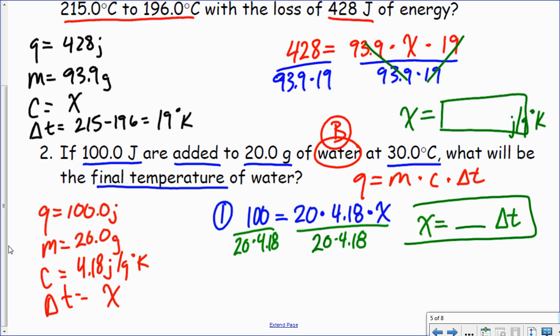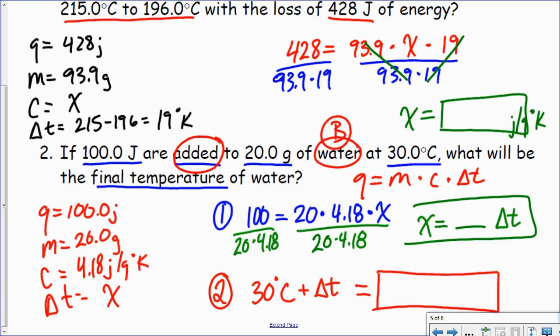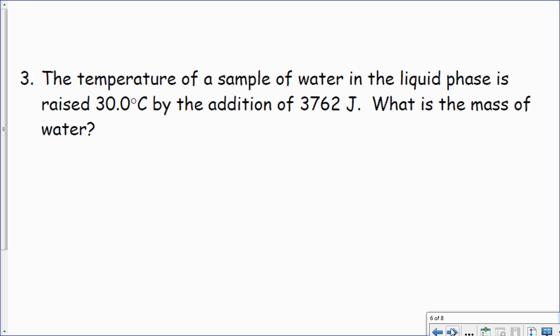The second step, you take your original 30 degrees Celsius and add delta T to it, because we added the heat in this problem. So the final answer will be something larger than 30 degrees. It's the final temperature of that cup of water after you added 100 joules of heat. Simple enough. Algebra, people, algebra.